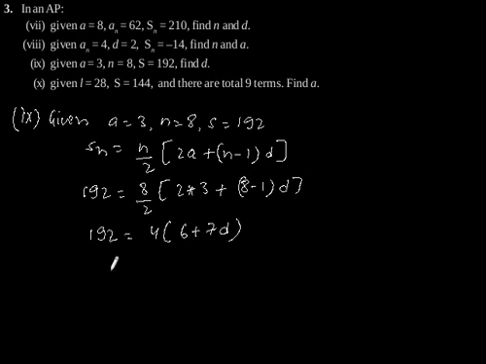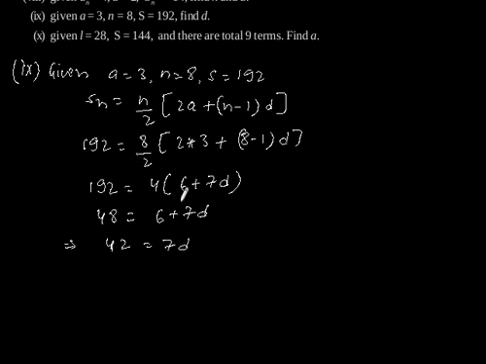This gives 48 is equal to 6 plus 7d, which implies 42 is equal to 7d, which gives d is equal to 42 by 7, which is equal to 6. So d is equal to 6.